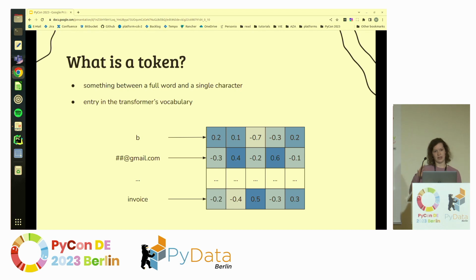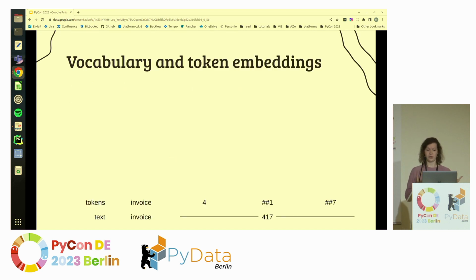And every entry in the vocabulary is mapped to a vector representation that gets learned during training. So now if I want to use a transformer on, let's say, my invoice text, invoice 417, the first step is to tokenize it. Since invoice is quite a common word, it would become a single token, most likely. But the invoice number is an arbitrary number, so it would not be part of the vocabulary.